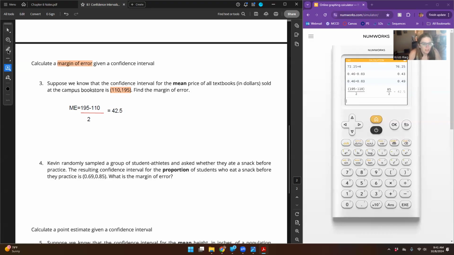Let me circle it and then I'll tell you what we're saying. What we're saying is there is some sort of number in the middle that we don't know.